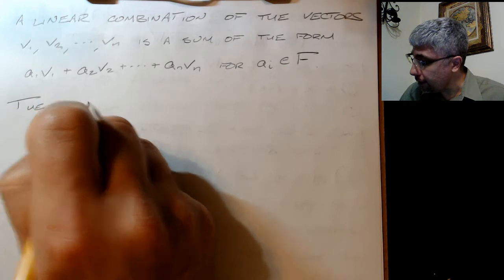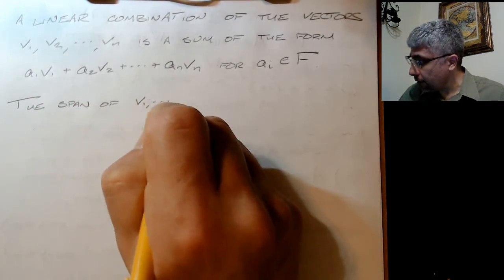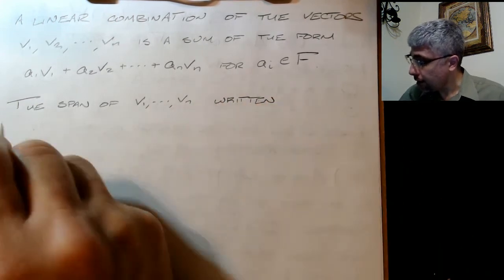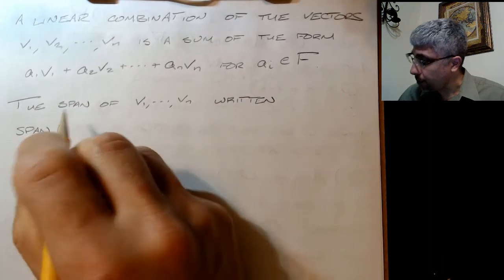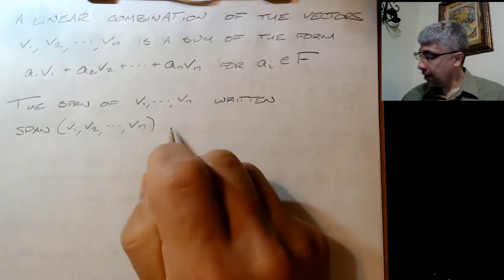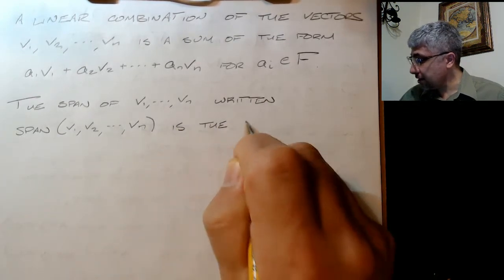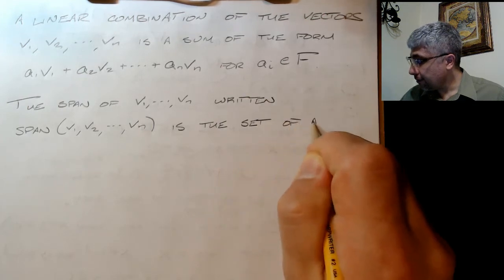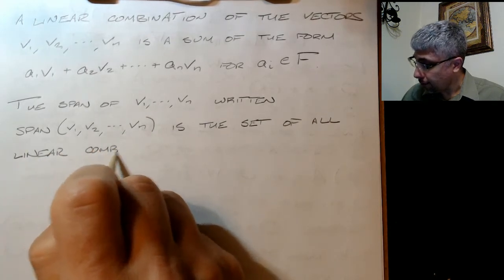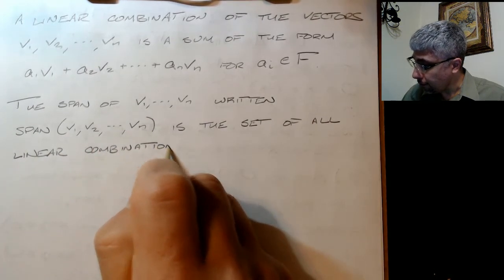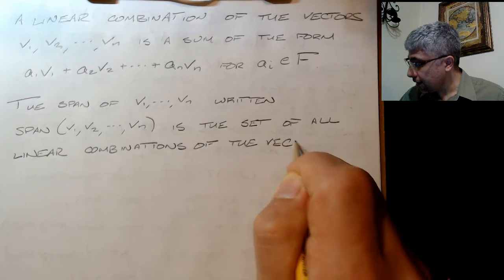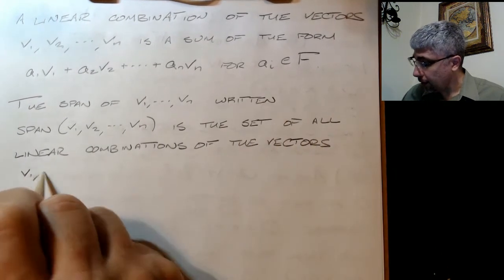The span of the set v1 through vn, we're just going to write it with an open parenthesis. And that's just going to be the set of all linear combinations of the vectors v1 through vn.